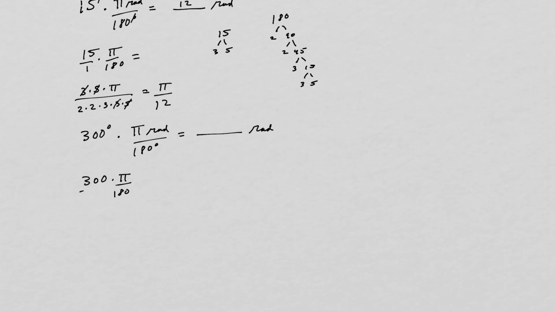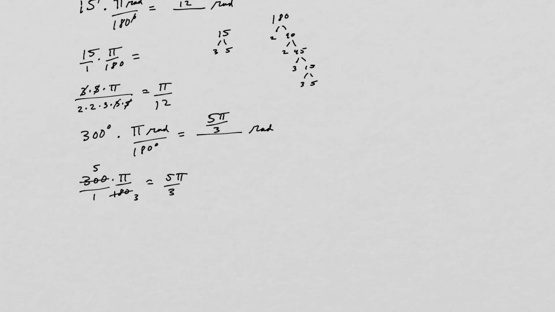You can think of this as over 1. Well, definitely 60 goes into both of these, right? 60 will go into 180 3 times, and 60 goes into 300 5 times. So this is going to be 5/3 pi radians, or 5 pi over 3, same thing. Okay, and then finally the last one.